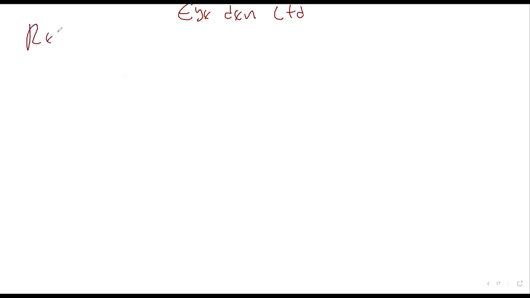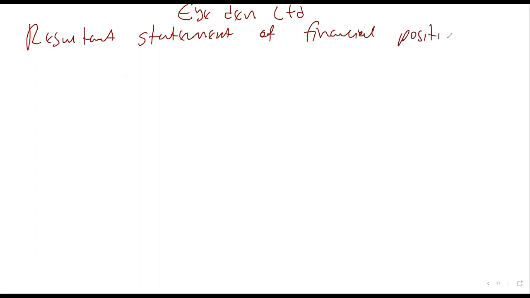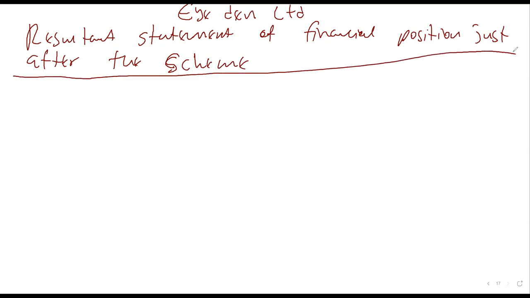Right here, resultant statement of financial position. Third examiner just after the scheme. You can bring the date or leave it. The reporting currency is in millions.